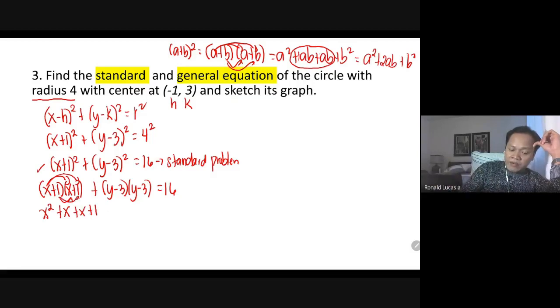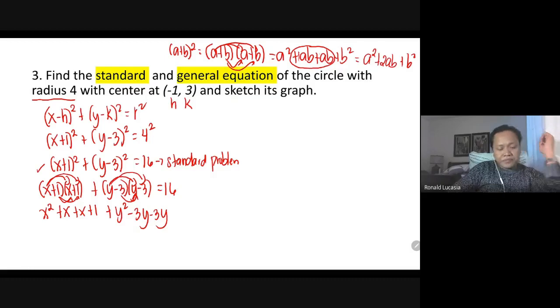Yung kabila naman, yung y times y, it's y squared. Y times negative 3, it's negative 3y. Negative 3 times y, it's also negative 3y. Negative 3 times negative 3, it's positive 9. Equals 16.